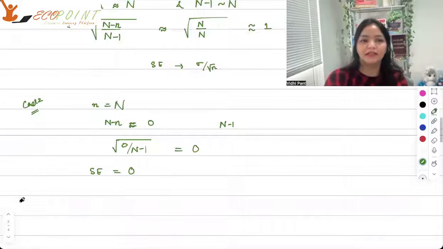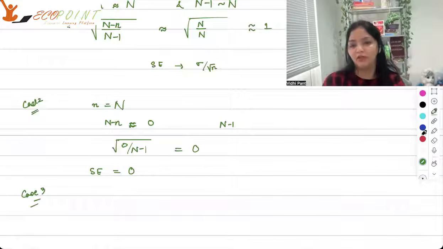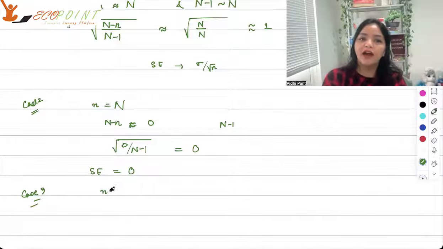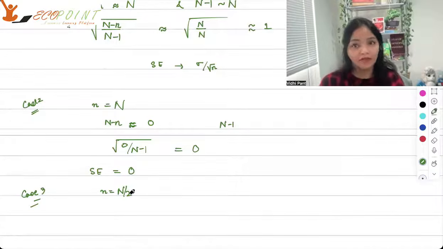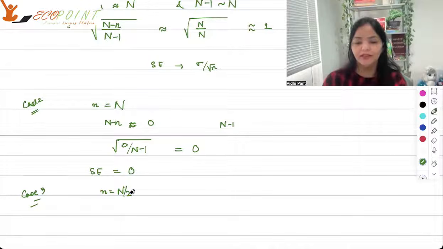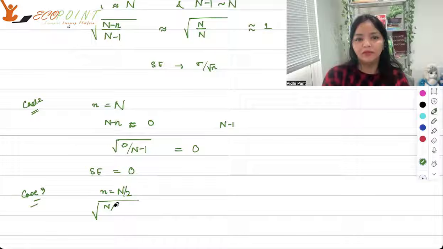And the third case is the case that we've been talking about. If you're taking half of the population, okay, 50% of the population you've taken, then your correction would be, N minus n would be capital N minus N by 2, so N by 2 left upon N minus 1.